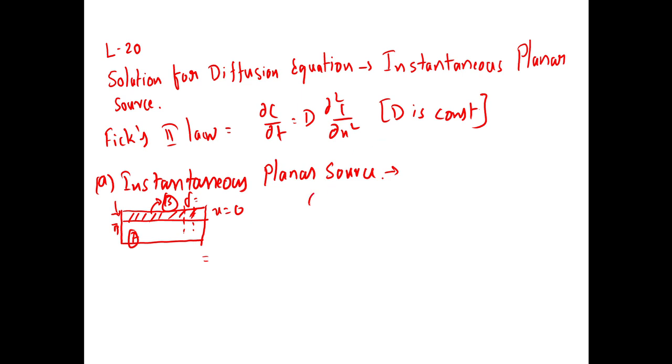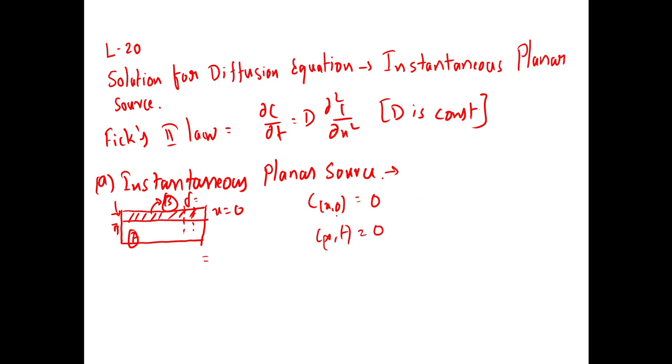The boundary conditions for this are: the concentration C of x comma 0 is equal to 0, and C of infinity comma t is also equal to 0.